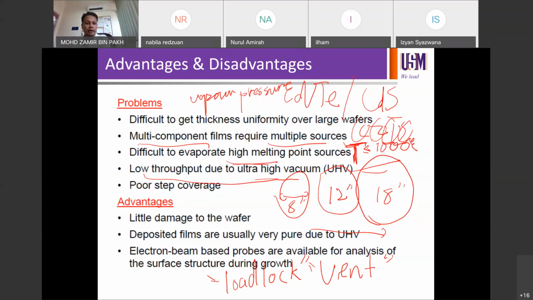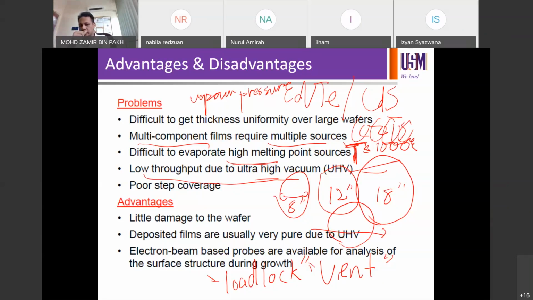Advantages: little damage to the wafer. It's just a deposition process, by the way. Deposited films are usually very pure due to UHV, particularly if you use UHV, -7 and below. So your film is more pure, with fewer contaminants and impurities, because you vacuum it down to a very low level, but perhaps at the expense of throughput, and higher cost due to the high cost of the vacuum system.